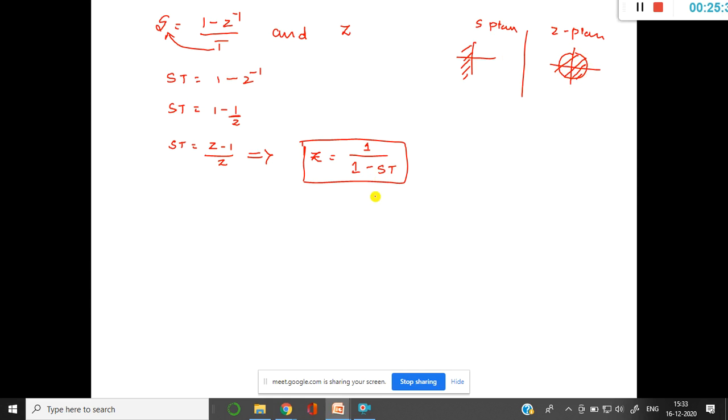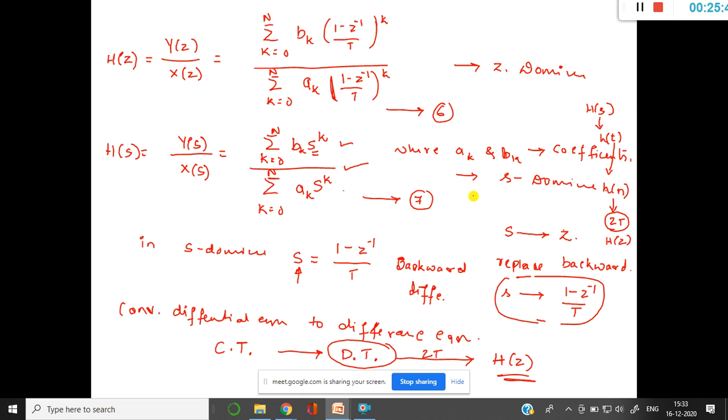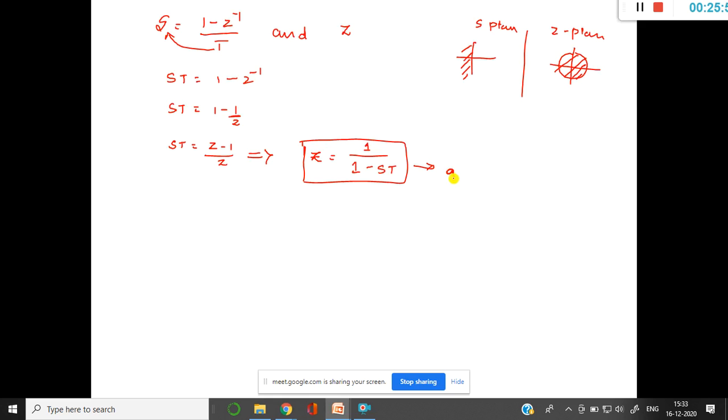So similarly, this is the relationship. Let me call this equation number 8, and this is equation number 9. Equation number 8 and equation number 9 give me the systematic relationship between the z domain and the s domain.